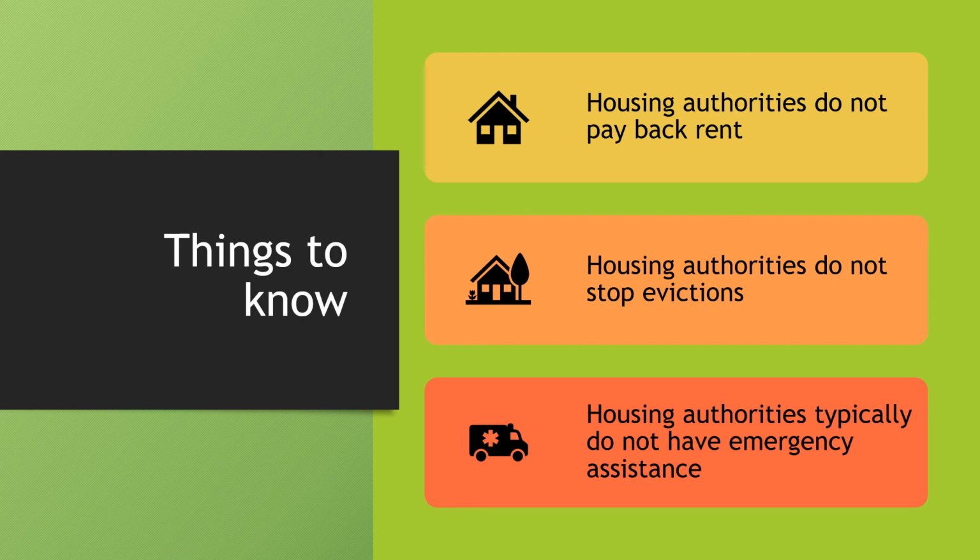Housing authorities typically do not have emergency assistance. This comes up often when working with folks that might be facing eviction or other legal aspects that require a person to help provide immediate assistance.